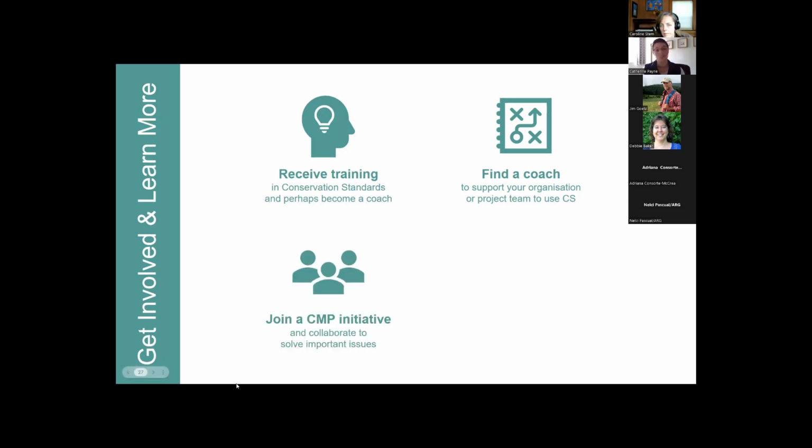You might want to join a Conservation Measures Partnership initiative. I've mentioned a little bit about this around the core of the conservation standards. There's a whole bunch of different learning initiatives going on. I talked about climate change or nature-based solutions, or looking at policy and governance, things like that. There are a whole bunch of these different initiatives that we would love to get more members coming in, and particularly from SCB.